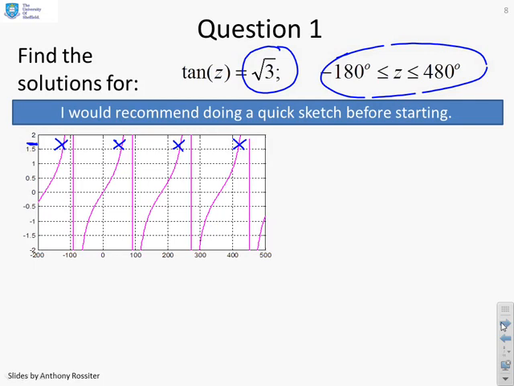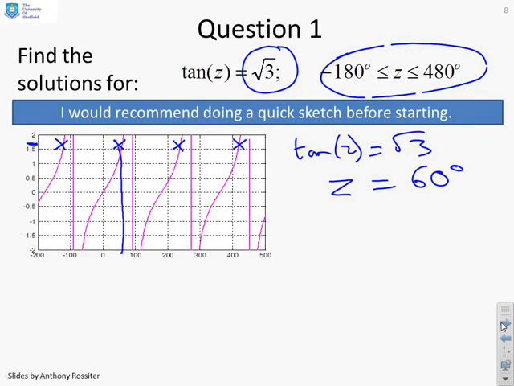Now the next thing to do is to say, okay, what's the default solution? Well, tan z equals root 3 tells me that z equals 60 degrees. So my default solution down here is at 60 degrees. Now I know, once I've got the default solution, that the gaps between solutions are always 180.